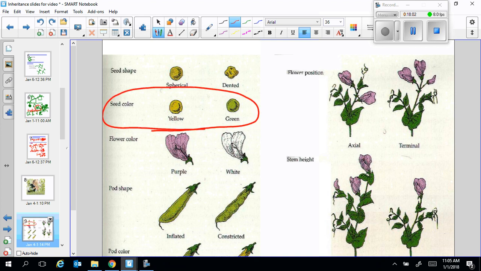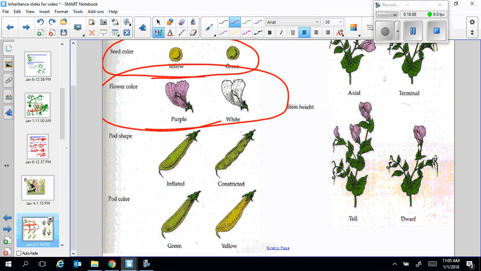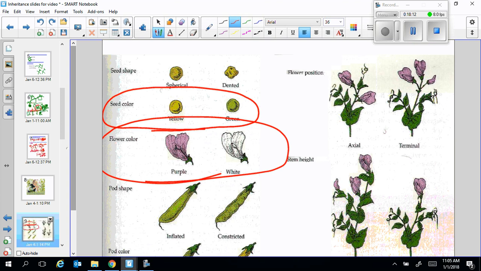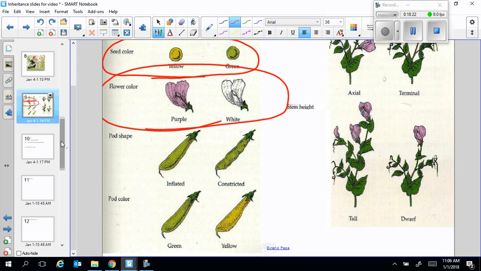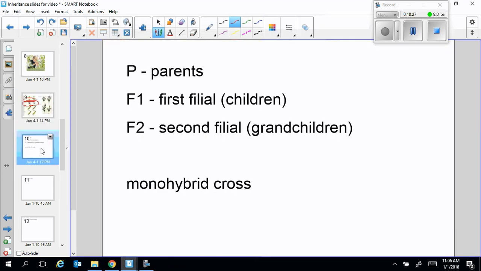We probably use this more than any other when we're doing crosses, or the purple and white flowers, pods, their color, their shape, the flower position, if it's on the end or if they're going out to the sides. These were all traits that he looked at and compared over generations. We now would do a chi-square analysis of that as well. We'll be doing plenty of those.